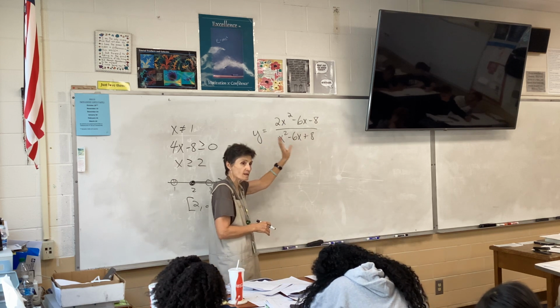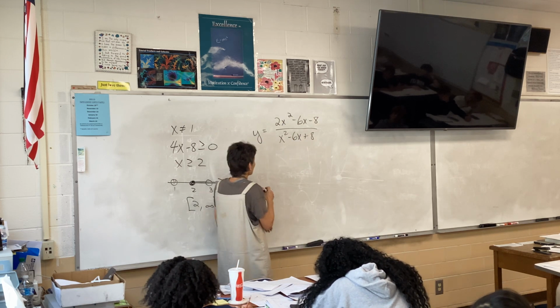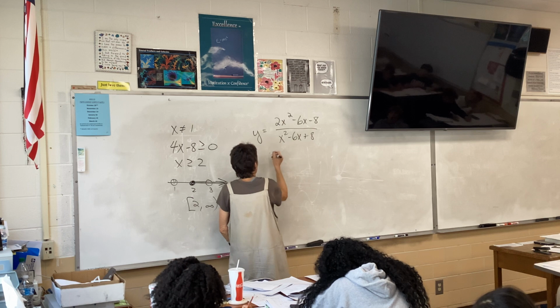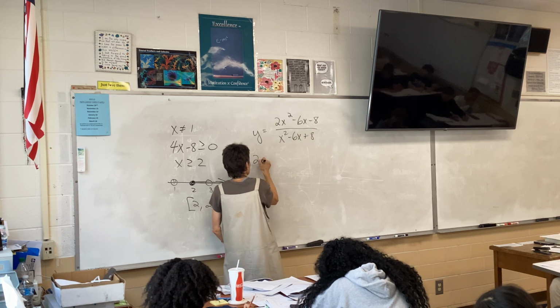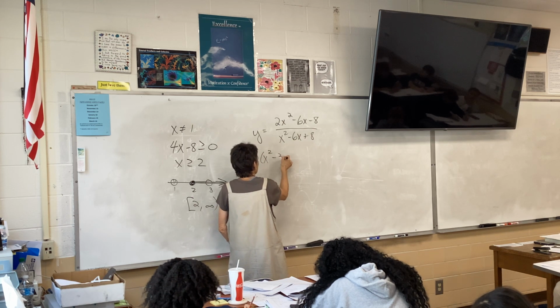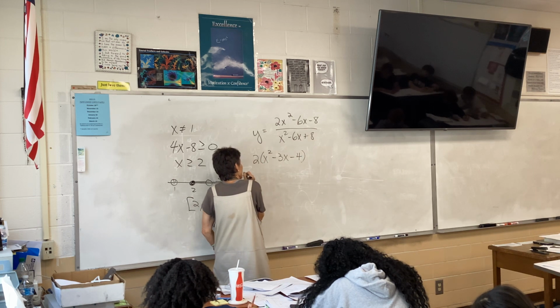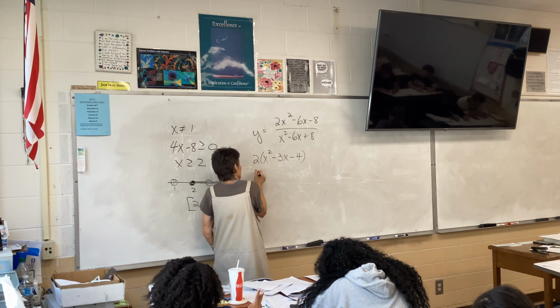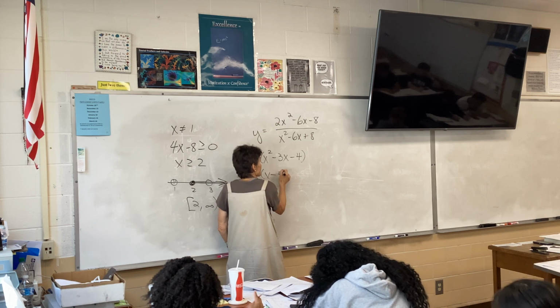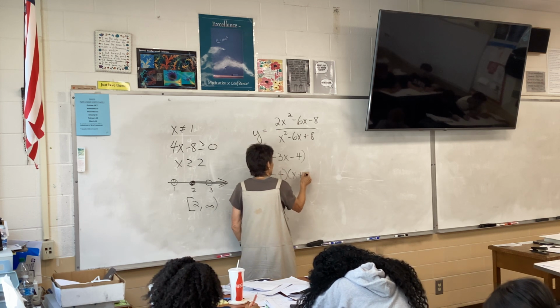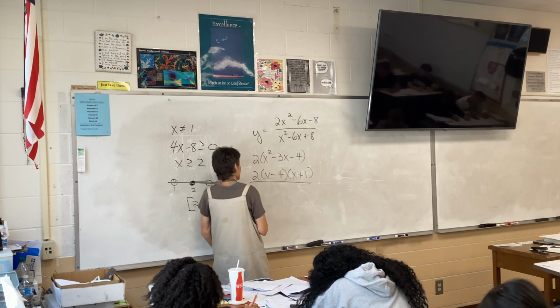No, nothing cancels, but I think we can factor. I can actually take a 2 out of the top. And then how does it factor if I take a 2 out of the top? X minus 4, X plus 1, perfect.